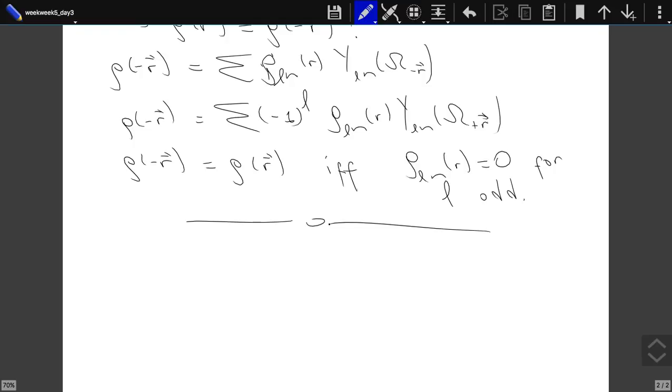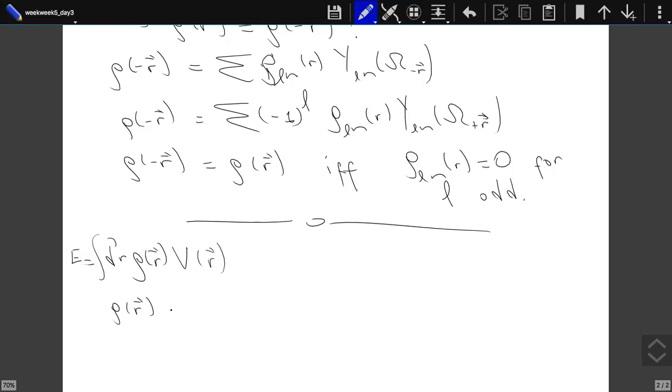How does it interact with an external electric field? You have a charge density. You apply an external, let's say, potential. This is basically the energy of the system in the external field. You can basically do the same thing.